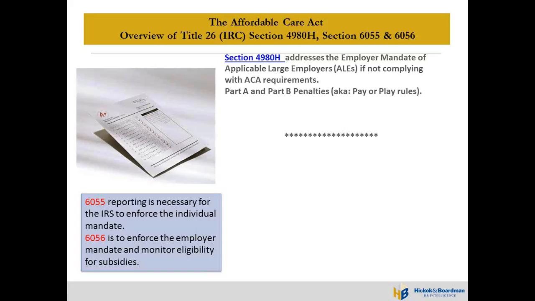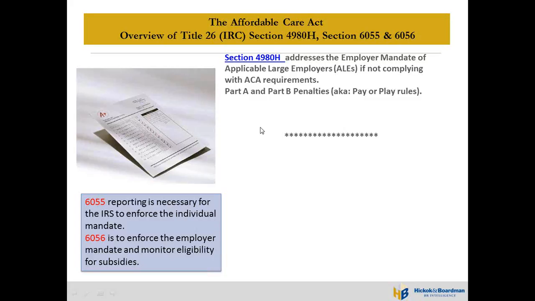So the first thing to know is applicable large employer. This is employers that have over 50 full-time and full-time equivalent employees in the previous year. So for 2014, if you had more than 50 full-time employees, including those equivalents, you are considered an applicable large employer.